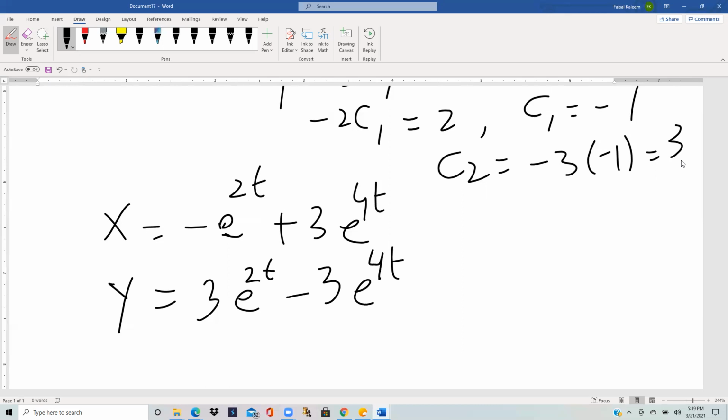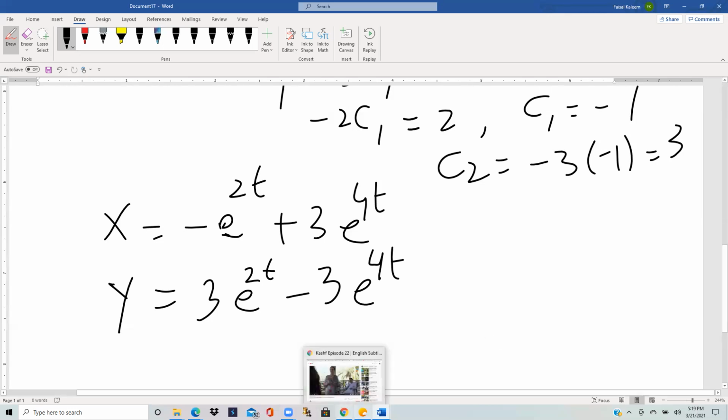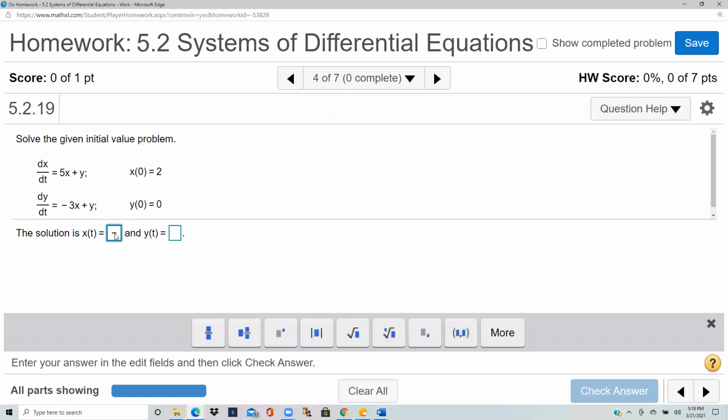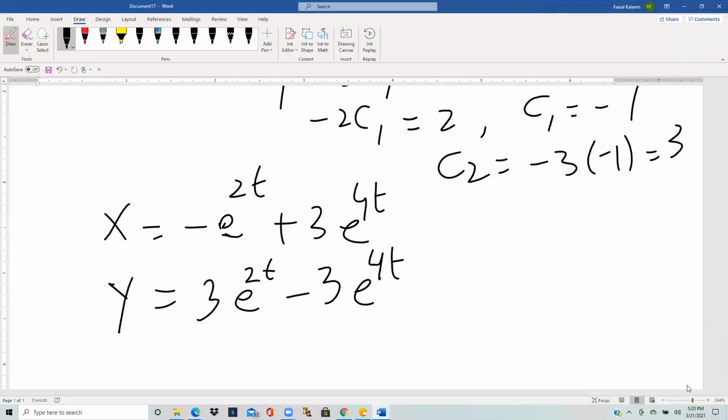Okay. So x is negative e to the 2t plus 3e to the 4t. And y is 3e to the 2t minus 3e to the 4t.